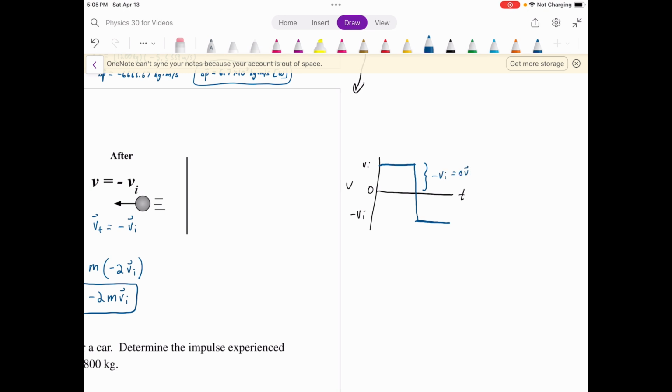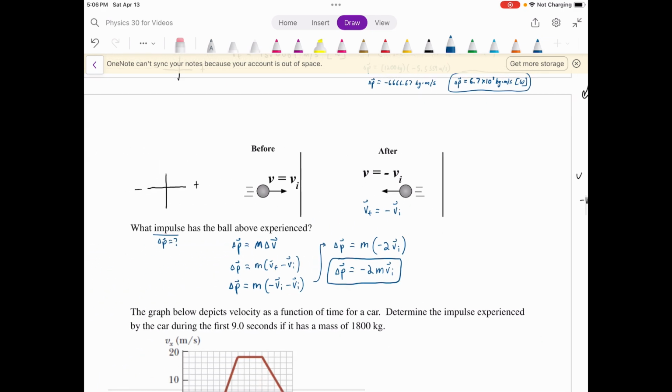That's its change in velocity there. But then to go from 0 to negative vi, that's a change in velocity of another negative vi. So overall, what was its change in velocity? It was negative 2 vi, right? And therefore, its impulse, the change in momentum, was the mass times that.